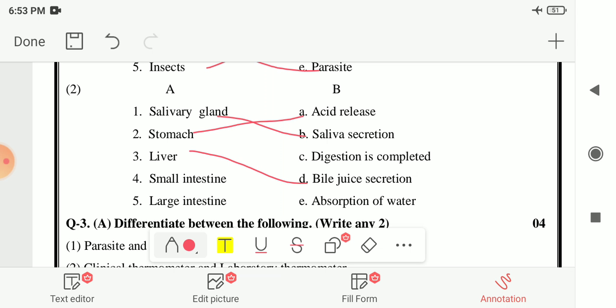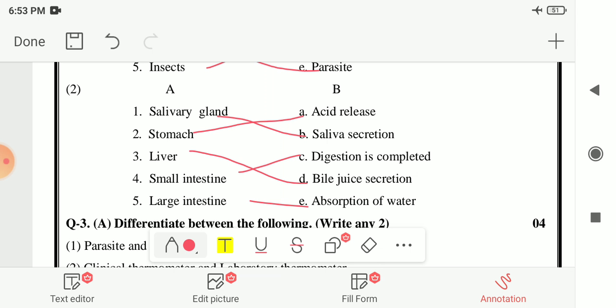Next is fourth number, that is small intestine. So the digestion gets completed in the small intestine. So here your answer is option C, that is digestion is completed. And last one is large intestine. So the remaining one, that is absorption of water, is completed in the large intestine.